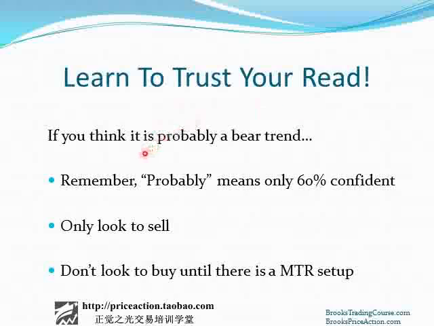If you look at the chart and you say, okay, I know the market cycle, trend or trading range is a trend, and right now it's channeling. So, you know, it's a weaker trend, but it's still a trend, right? So it probably will continue lower. Probably means that you're 60% confident, and you should only be looking to sell, and you should not look to buy until you see a major trend reversal.